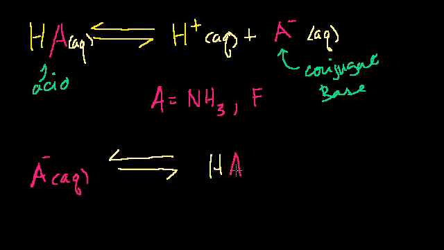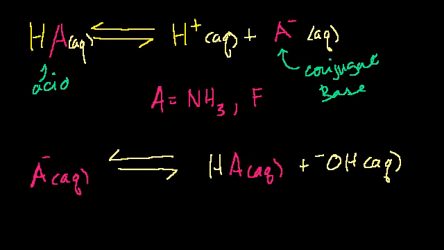It's still in an aqueous solution. And then one of those water molecules that it plucked that hydrogen off of is now going to be a hydroxide ion. Remember, whenever I say pluck the hydrogen, I mean just the proton, not the electron. So the electron stays on that water molecule, so it has a negative charge. It's in an aqueous solution. So we could write the same reaction both ways, and we can write equilibrium constants for both of these reactions.